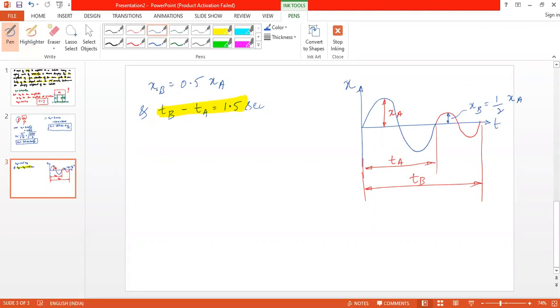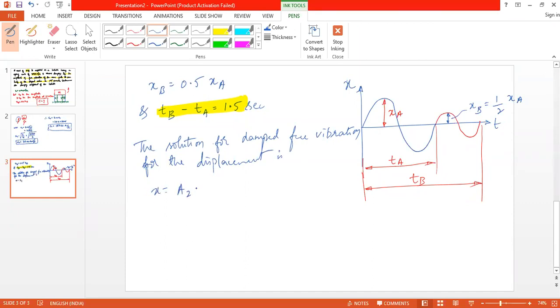Now, what is the solution? The solution for the damped free vibration, for the displacement, is x equal to A2 e power minus zeta omega n t into sine of root of 1 minus zeta square omega n t plus phi 2.